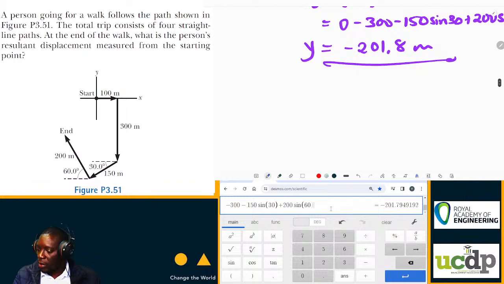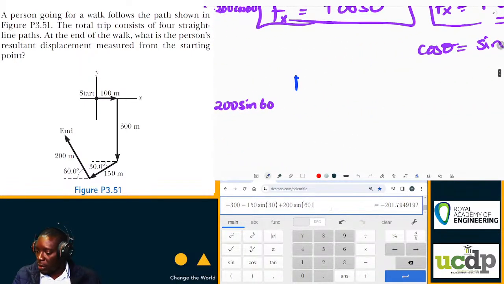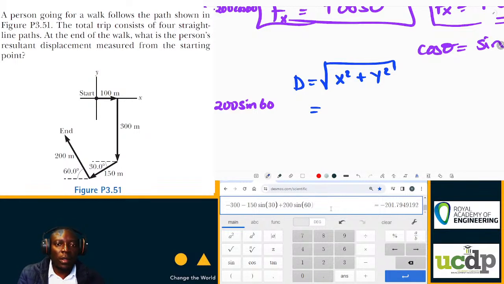The displacement is the result of the root of x squared plus y squared. What is the person's resultant displacement measured from this? So this is not only requesting for the magnitude, so we need magnitude and direction to get a full description of this displacement.